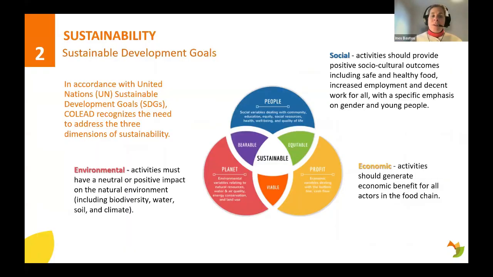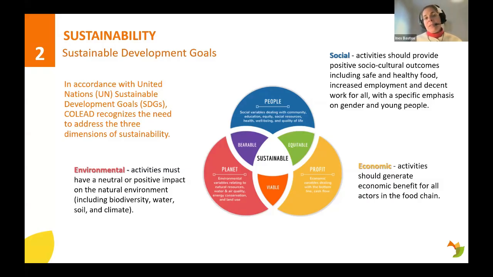I think you are also quite aware of what it means to be sustainable. It's really recognizing that you need to address three dimensions of sustainability: social, economic, and environmental aspects. When we speak of environmental, we tackle one of the P's, the planet, and these activities must have a neutral or positive impact on the natural environment.